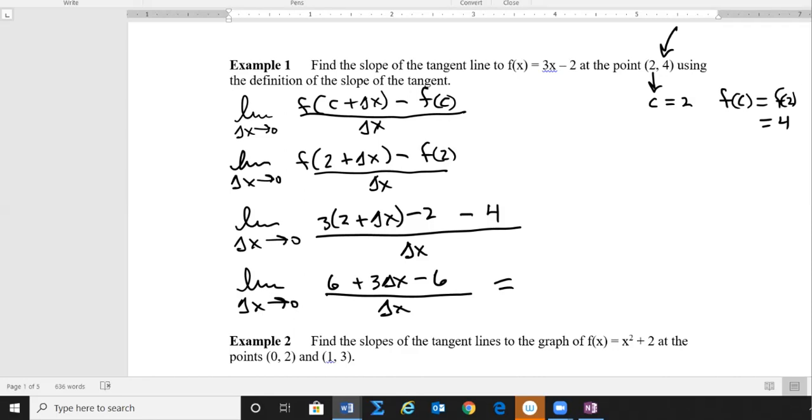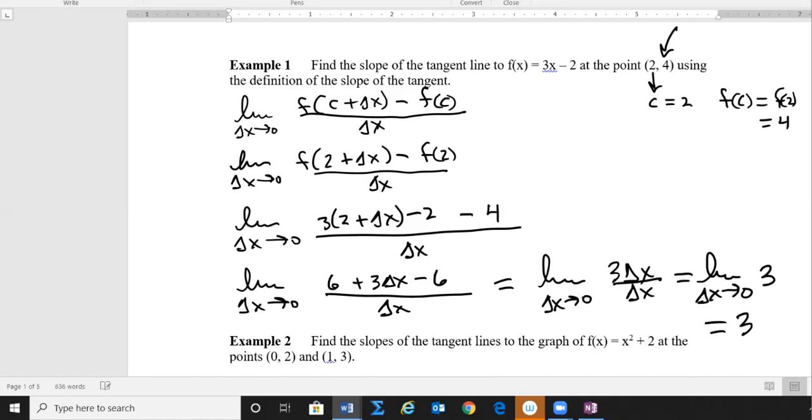So this becomes a limit of 3 delta x over delta x, which we can see is just this limit, which we know from our limit ideas is that the limit of a constant is that constant, so it's a 3.